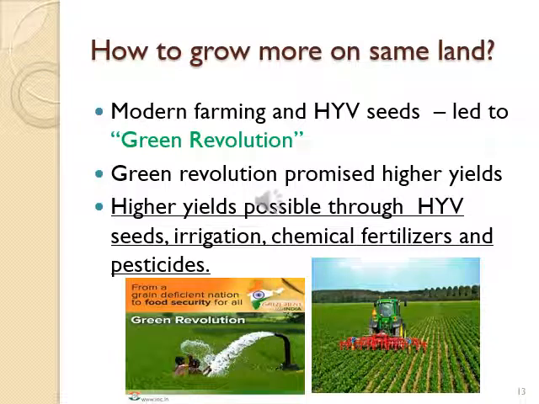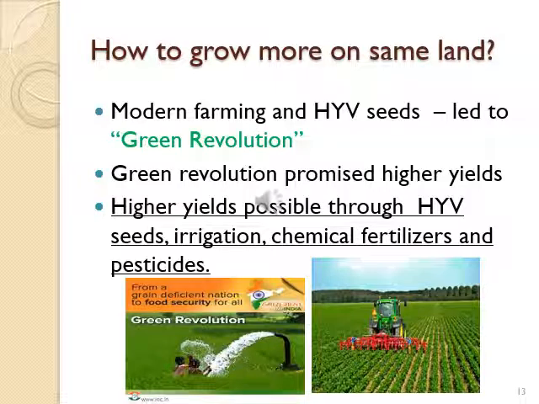With the use of HYV seeds, the production increased manifold. What the farmers were producing with the older traditional seeds, after using HYV seeds, their production increased tremendously. The seeds were so made that they were supposed to increase the production manifold. So this brought what was known as the green revolution.